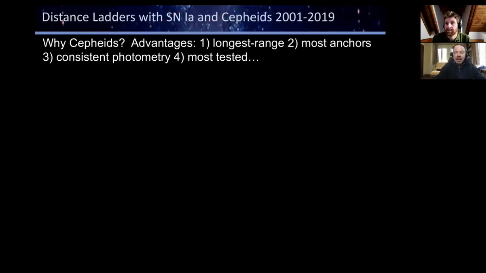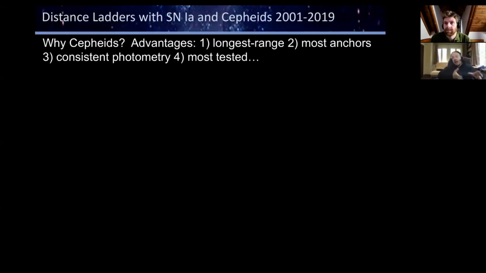So going on to the next slide, why do we use Cepheid variables? They've been used for coming on maybe 100 years, going back to Henrietta Leavitt Swan. It's because Cepheids are about the brightest star that we can recognize, and therefore it gives us the longest range for measuring distances. So there are many type 1a supernovae that you can calibrate. They have the most opportunities to geometrically calibrate.